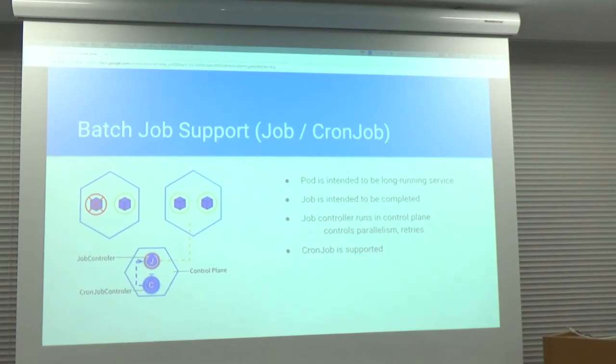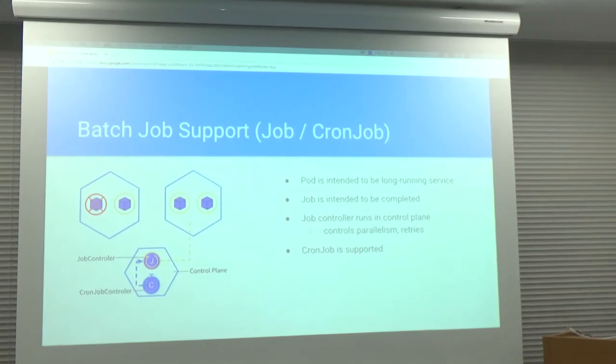So a job is intended to complete. The job controller runs in the control plane and controls parallelism. We can set parallelism for the job, and the job controller controls retry, detecting failures and spawning. And CronJob is also supported, so we can set scheduled jobs.